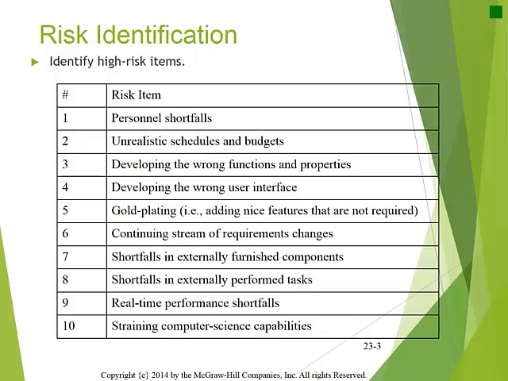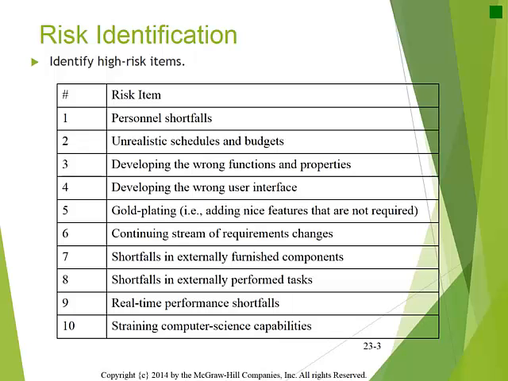The top 10 risks are personnel shortages, unrealistic schedules and budgets, developing the wrong functions and properties, developing the wrong user interface, gold plating, which is adding nice features that are not required, a continuing stream of requirements changes, shortfalls in externally furnished components, shortfalls in externally performed tasks, real-time performance shortfalls, and straining computer science capabilities.